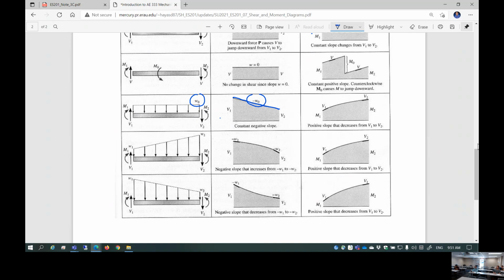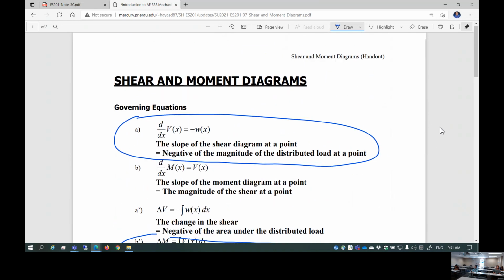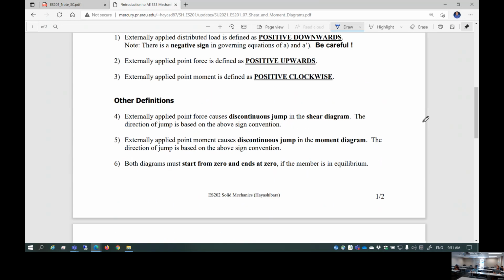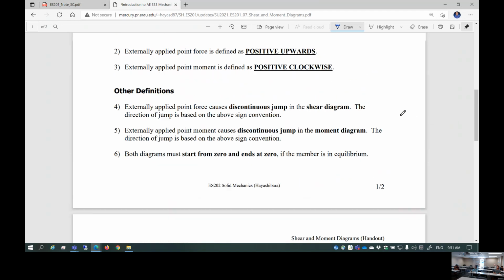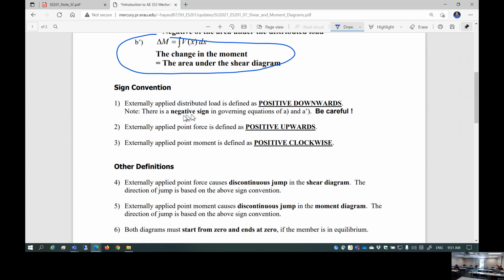That's what it usually is, so that's why the original governing equation has a negative sign in it. Quite important. The handout basically says negative sign. There is a negative sign. Be careful. Distributed loading is usually applied in the negative y direction.